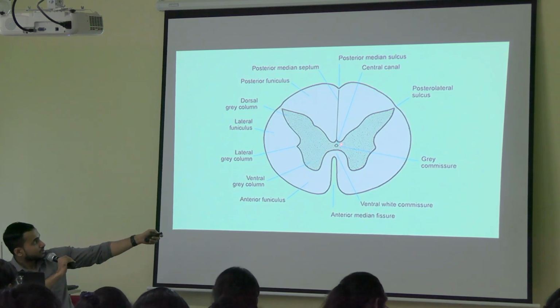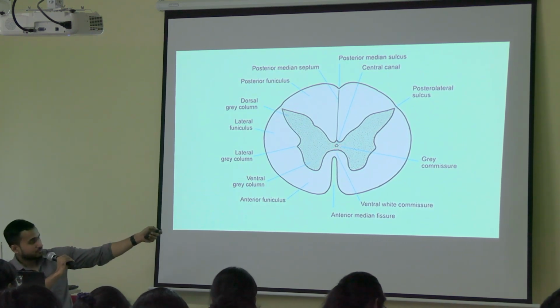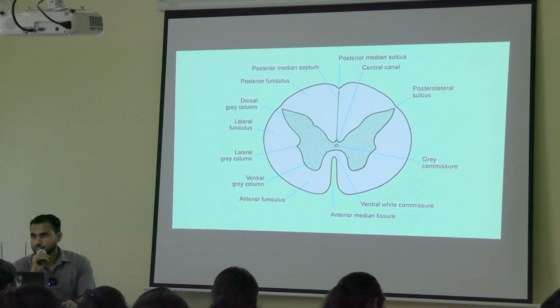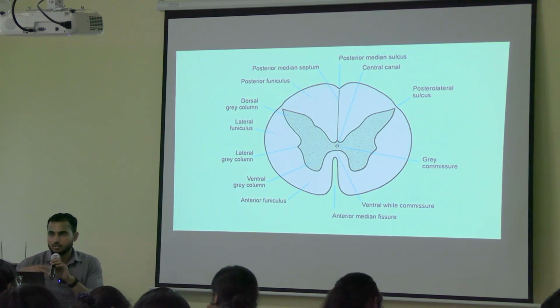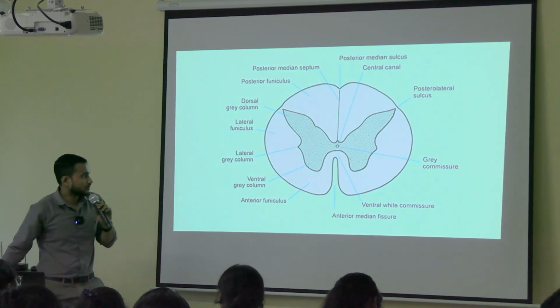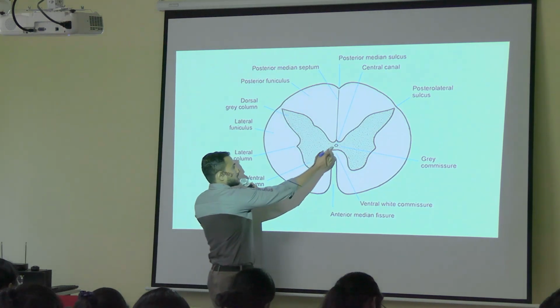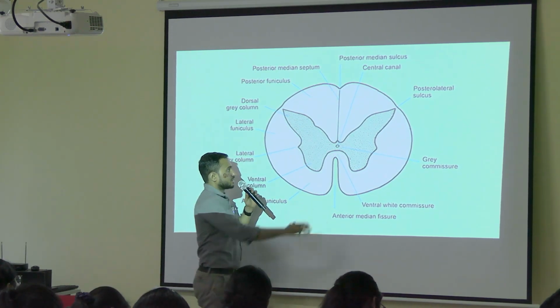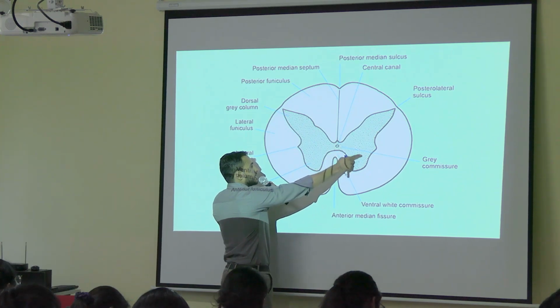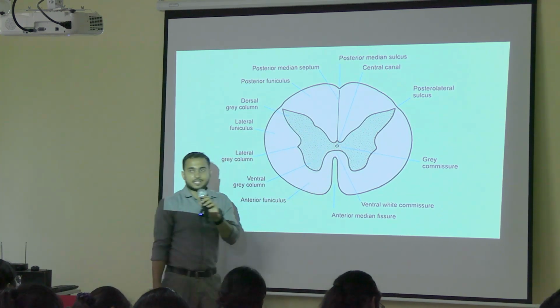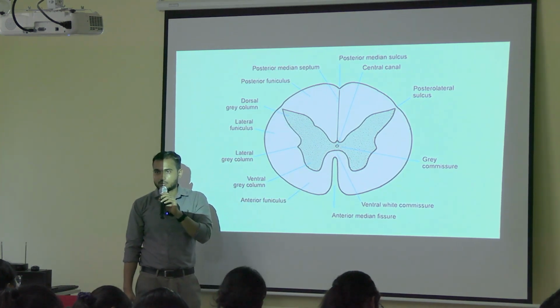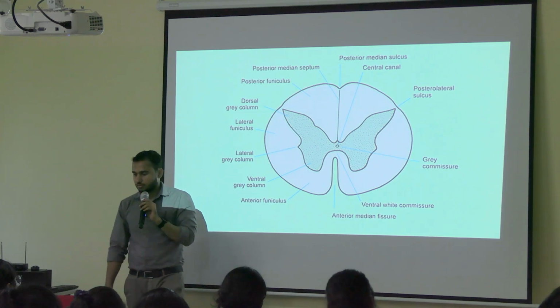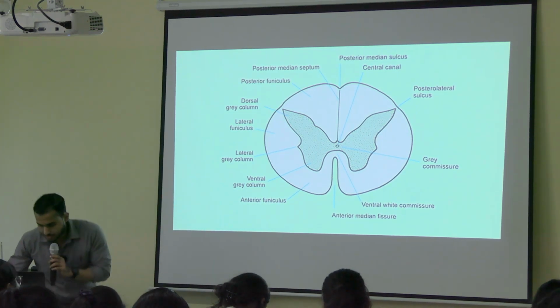See, this is the gray commissure. यहाँ पे रहता है around the central canal. Okay, it is a mass of gray matter. Okay, so this is the central canal. Around the central canal, gray commissure is present. Now this gray commissure, what it will do? It will interconnect the gray matter of both the sides. Okay, right side and left side. That is the gray commissure.